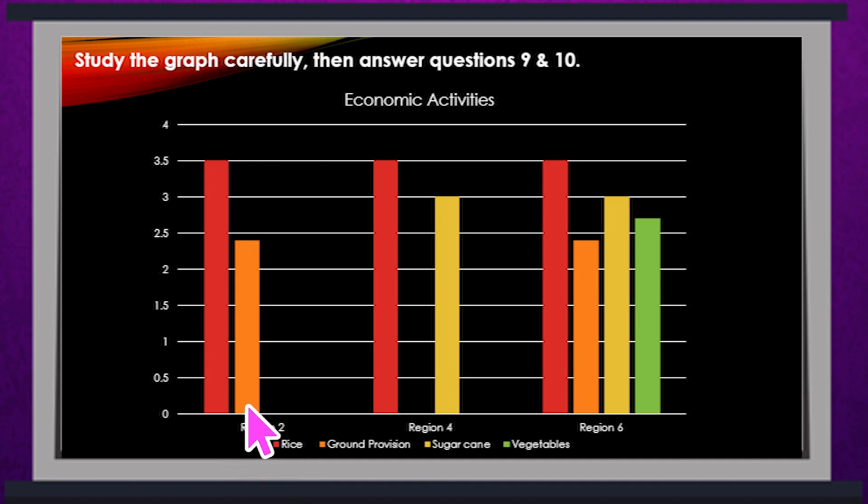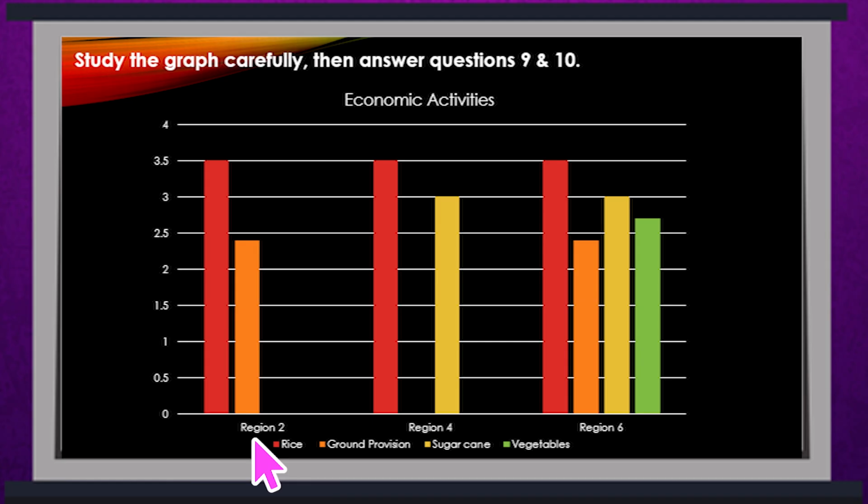The one that is orange represents ground provision. The one that is yellow represents sugar cane. And the block that is green represents vegetables. So boys and girls, in Region 2, rice and ground provision are grown there.